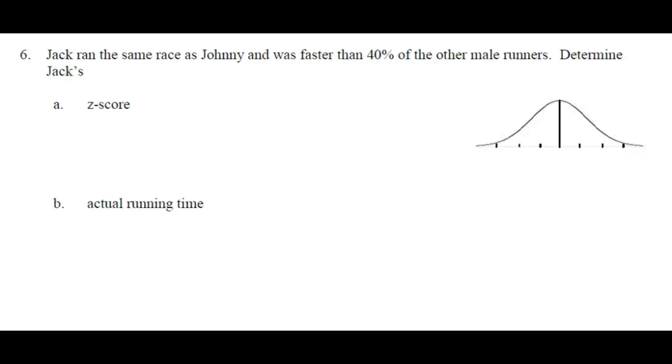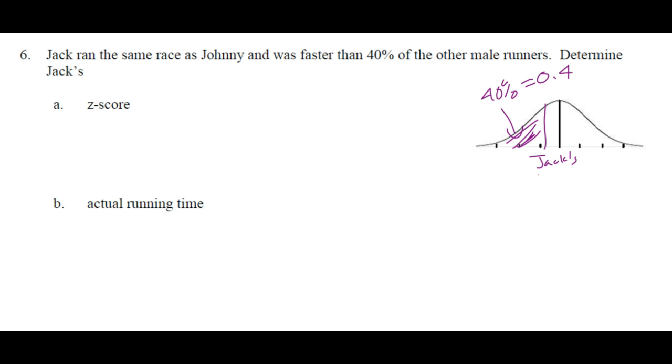Jack ran the same race as Johnny and was faster than 40% of the other male runners. Determine Jack's z-score and his actual running time. Okay, so for the z-score, we're going to use inverse norm. He was faster than 40%, so this is 40%, which is 0.4.